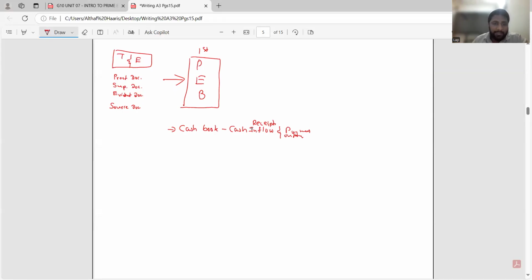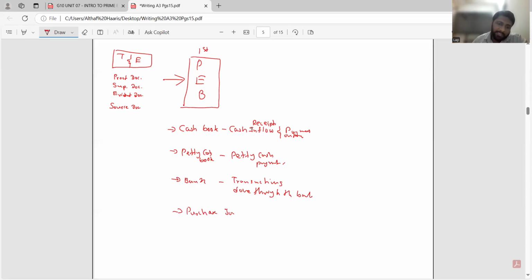Then the next one, petty cash book, where we recorded petty cash payments. Then we move to the bank account, transactions done through the bank.